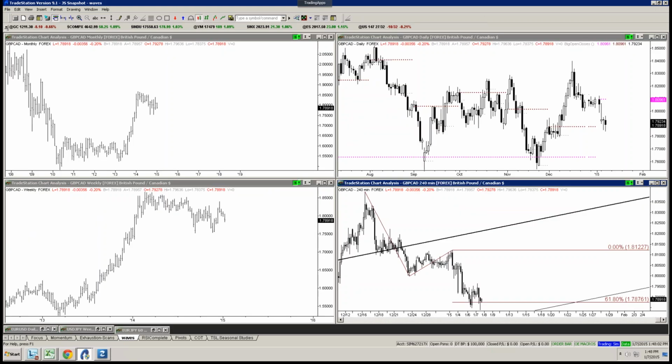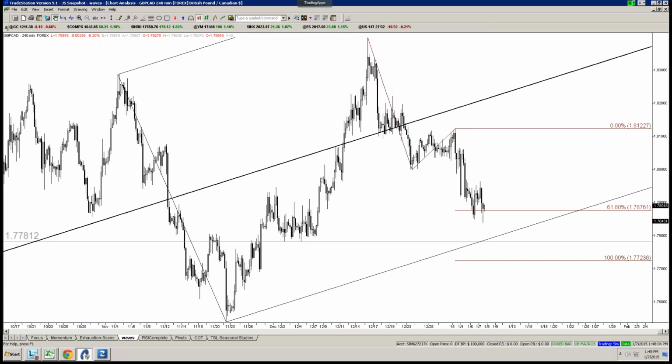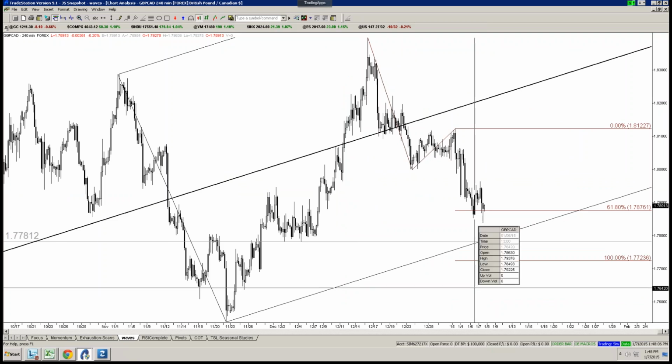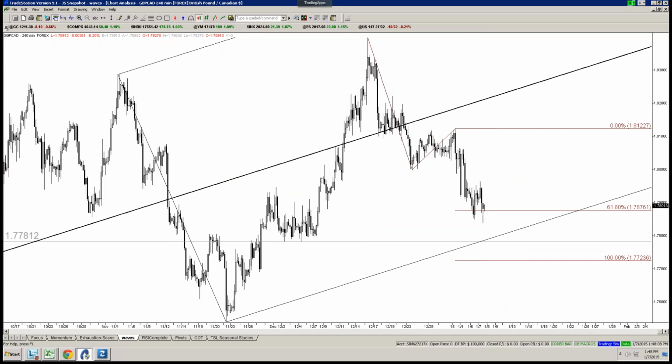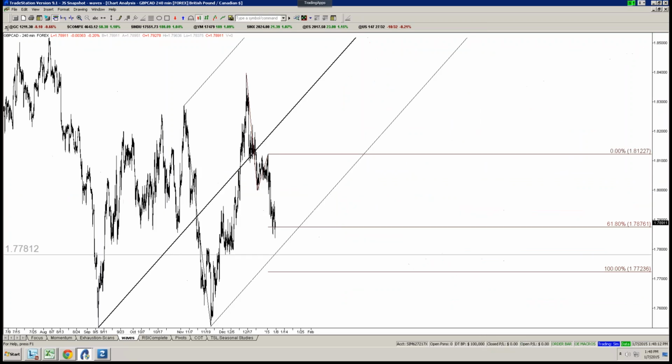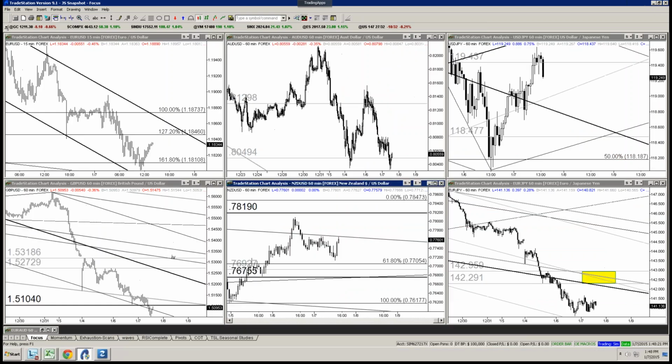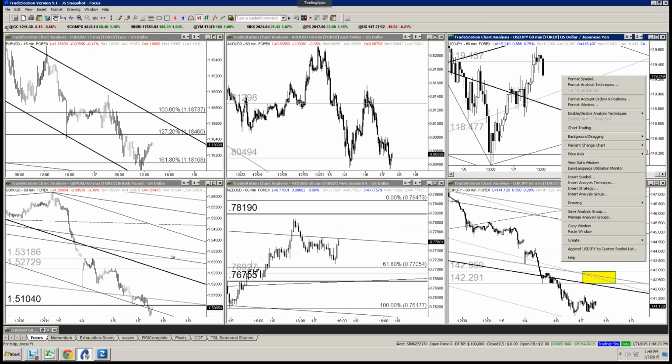I'm under the impression, just in general, based on some of these setups like EURUSD, for example, that the Europe against commodity complex is kind of trying to turn higher a bit.